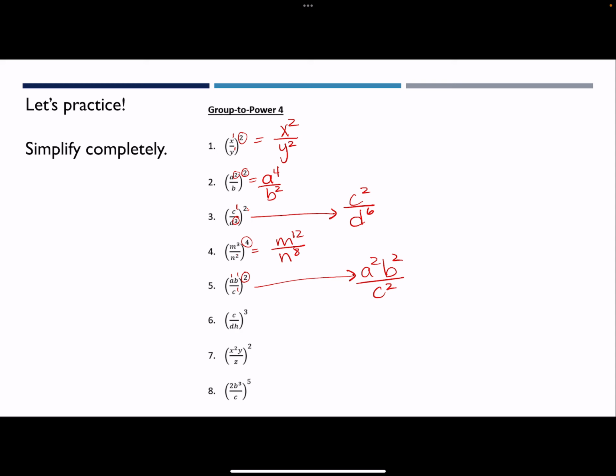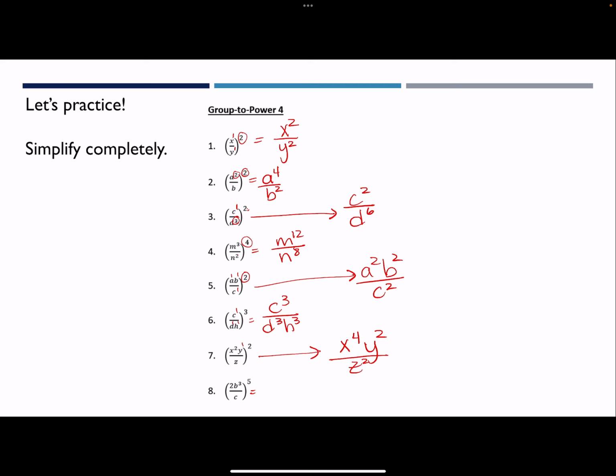All right, and then number 6 is very similar. These are all raised to the first power. So we're just multiplying 1 times 3, C to the third, D to the third, H to the third. Number 7, again, those exponents are getting multiplied. So x to the 4, y to the 2, because this is a 1, over z to the 2.